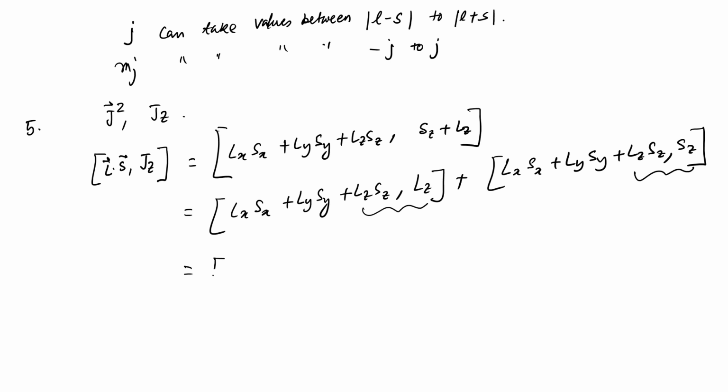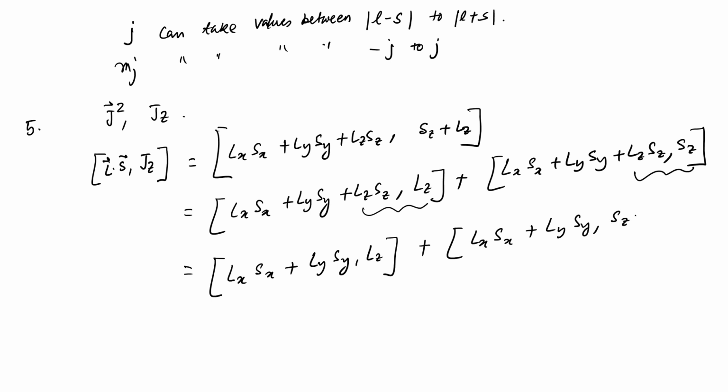So what we need to check is whether Lx Sx plus Ly Sy, the first two terms, commutes with Lz, and the same goes for Sz, that Lx Sx plus Ly Sy commutes with Sz.